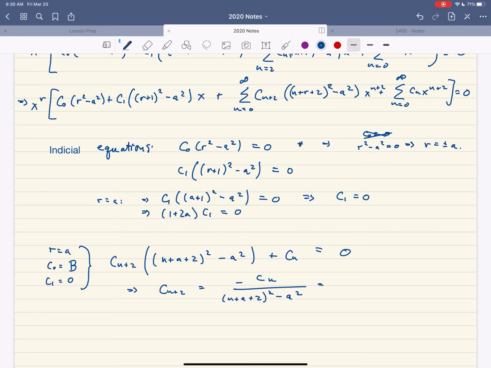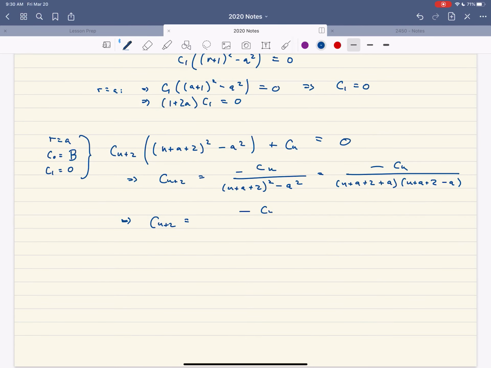So that means that this is going to be negative C sub n over (n plus a plus 2 plus a) times (n plus a plus 2 minus a). And so that really means that C sub n plus 2 is going to be minus C sub n over, let's see, n plus a plus 2 minus a is n plus 2. The other one is going to be n plus 2 plus 2a.